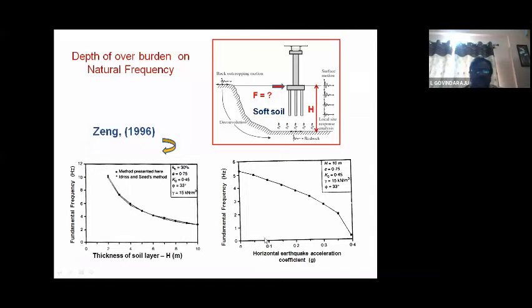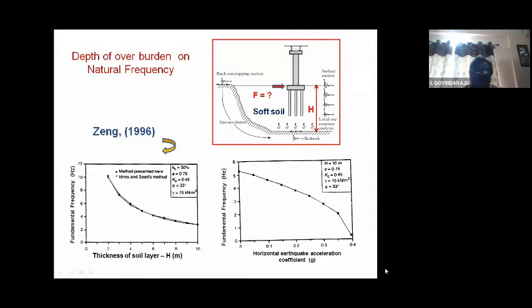Suppose the level of acceleration, or amplitude of vibration, is smaller, then what will happen? 0.1 g is around 4.5 hertz, and then 0.2 g is 4 hertz, and 0.3 g, as we observed here, is 3 hertz. And at the same time, for 0.4 g, it's almost 0.5 hertz fundamental frequency.